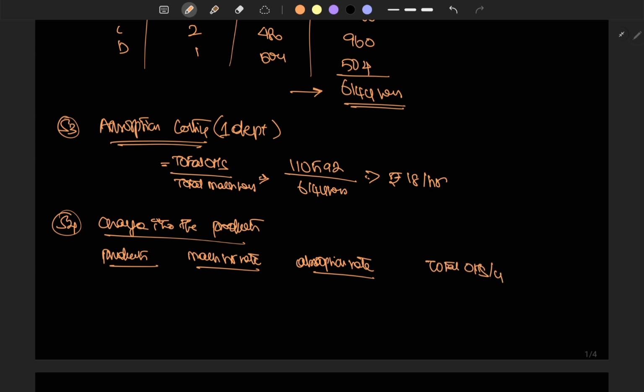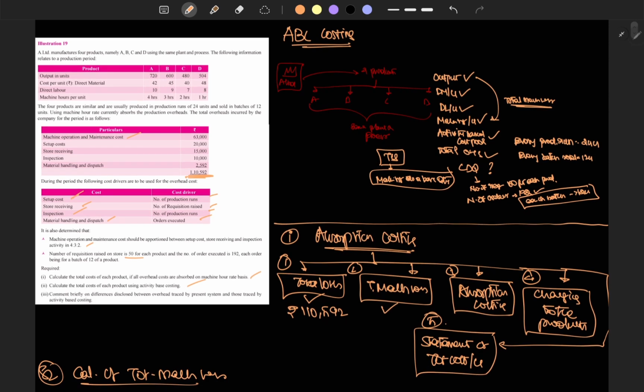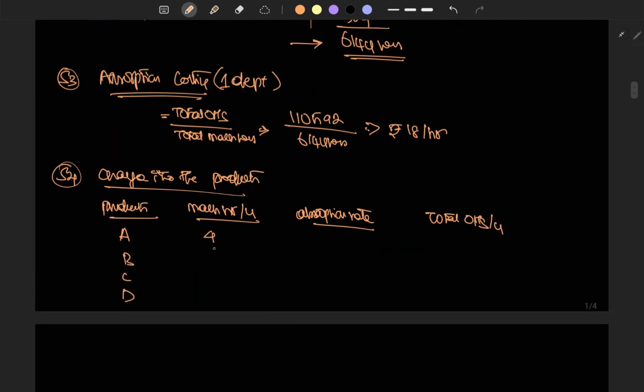Okay, since we have a machine hour rate per machine hour per unit, we are going to get the total overheads also per unit. So A, B, C, D machine hours per unit are 4, 3, 2, 1. Absorption rate is 18 as a whole.